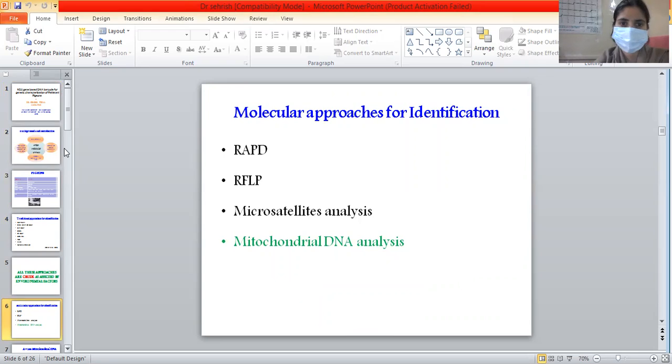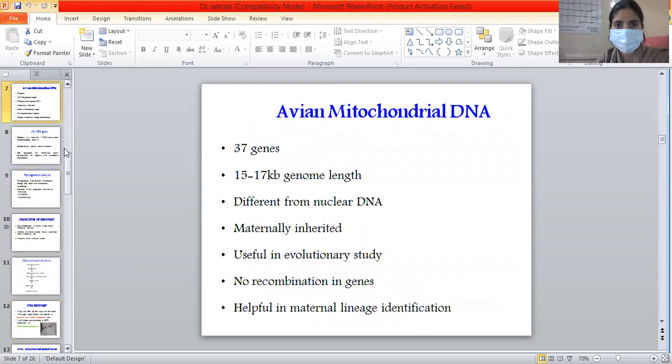Among them, the molecular approaches, the randomly amplified polymorphic DNA, restriction fragment length polymorphism, microsatellite analysis like VNTRs and STRs, and mitochondrial DNA analysis are important ones. For this current research work, we selected the mitochondrial DNA.